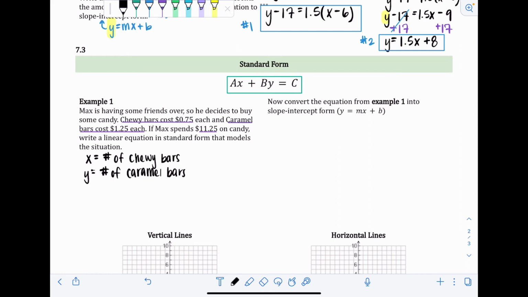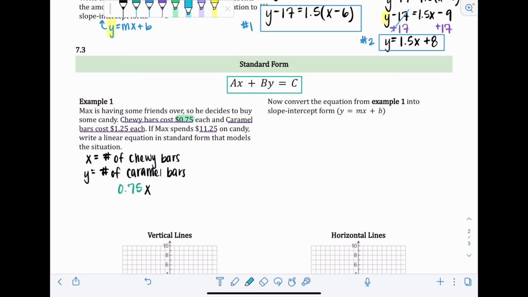And then now that we've defined our variables, we can set up our equation. So since Chewy bars cost 75 cents each, if we take 75 cents and we multiply it by the number of Chewy bars that we buy, that's going to give us how much money we spend on Chewy bars. So our setup would start off with 0.75 times x, since x represented Chewy bars.